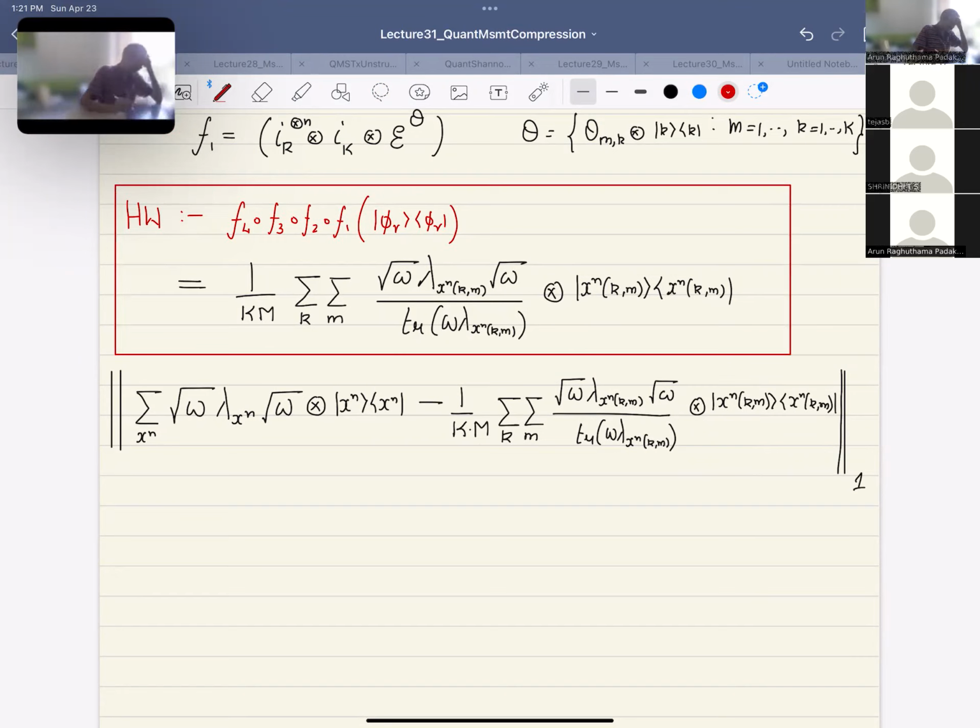Not difficult. It's just calculation, literally calculation. But it gives you a chance to write down all the objects, understand what's going on, what are densities, what are states, and then what are the maps, and then writing out everything, looking through this lecture. It's a very good homework. Not really difficult. Just literally calculation.